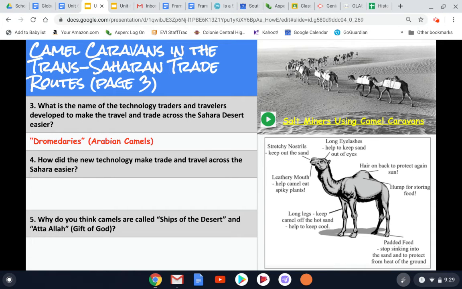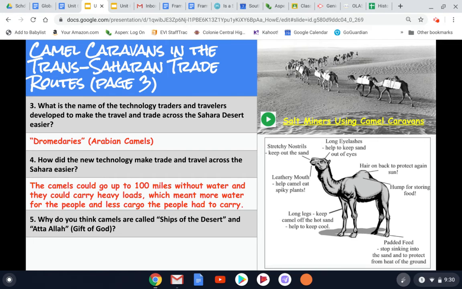There was very little supply of water for people to rely on. And when you're crossing the desert as a trader, you're usually bringing a lot of stuff with you: items, goods, money that has a lot of weight to it. So this camel not only can travel across the desert long distance with a little bit of water, but they're also perfectly suited to carry a lot of weight too.